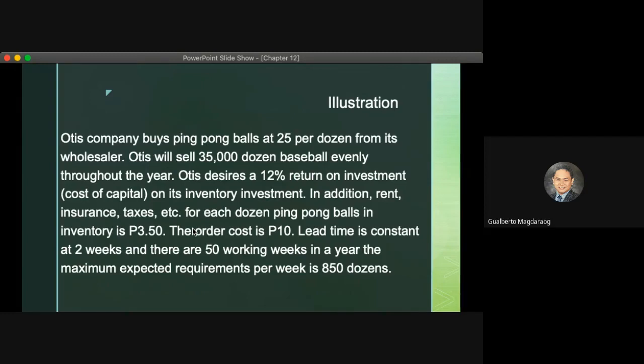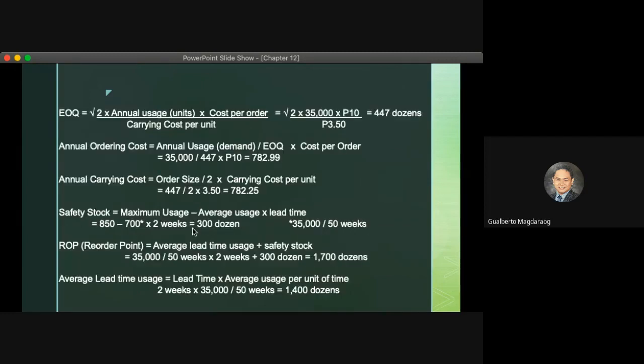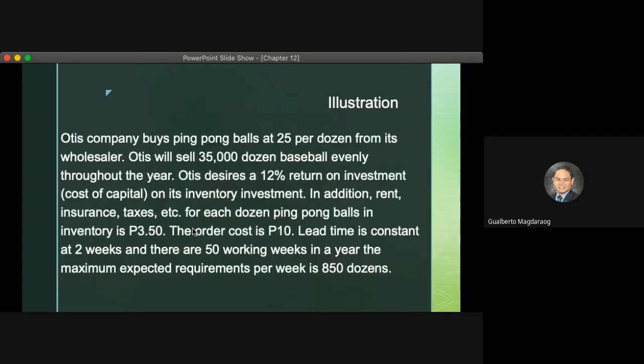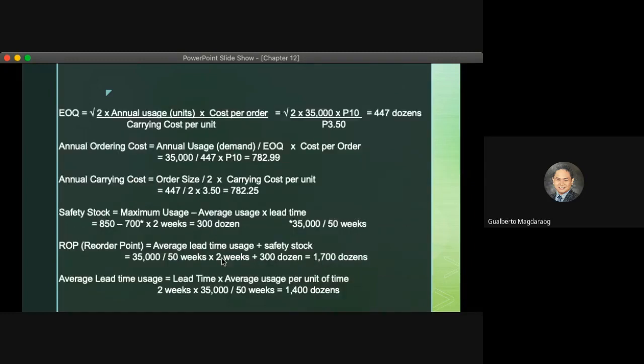So let's compute first for the annual usage, and that is 850 at 50 weeks, and that is equivalent to 35,000. Okay, let's compute for the EOQ.